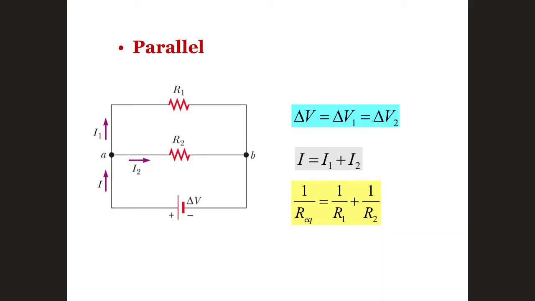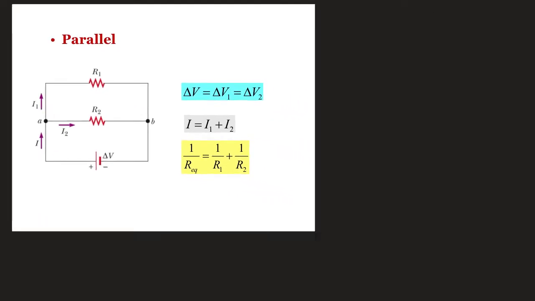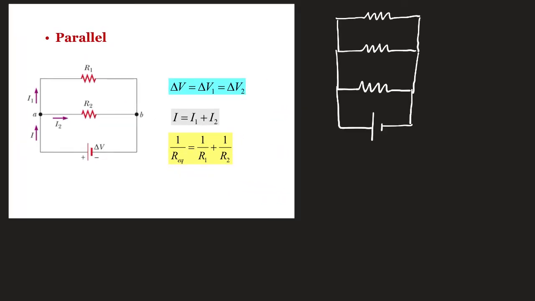Let's move on with the parallel arrangement. When we talk about the parallel arrangement, it means that it's going to be like this, so we put R1, R2, and R3. Each resistor is directly connected to the potential difference: the positive side is connected to this positive one, and this positive one, and the same goes for the negative terminal.